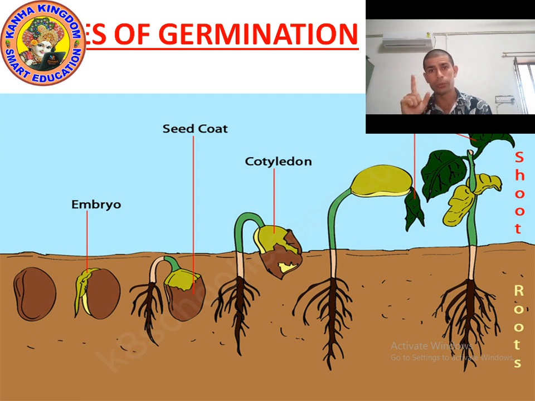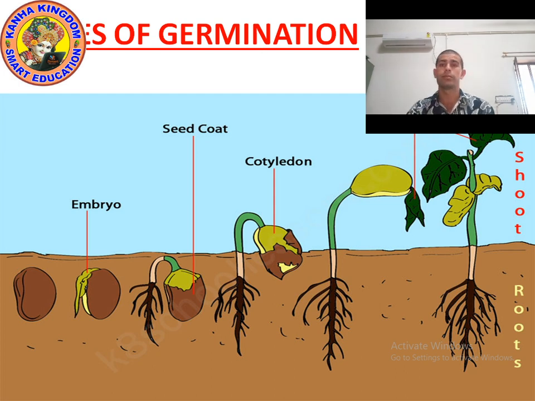At first the root grows, the small root is called the radical. The seed coat breaks, then small leaves come out, then at last the cartilage disappears. So this is the process of growing. Then the shoot starts to grow, the root develops. So it is the complete process of germination.